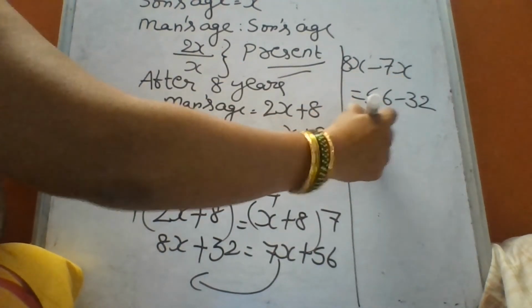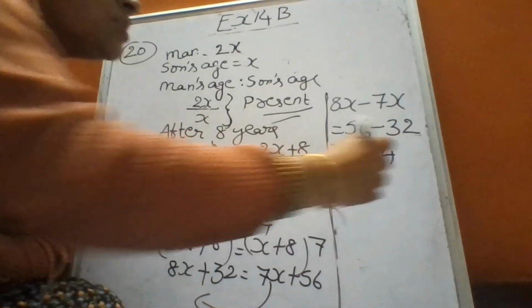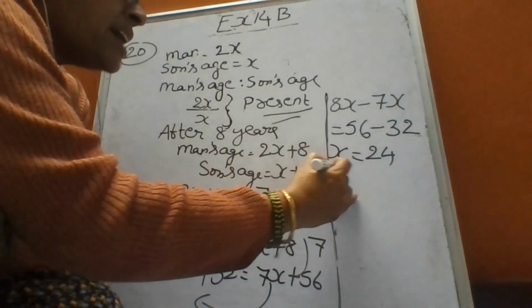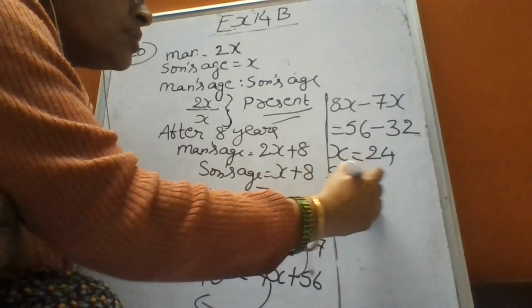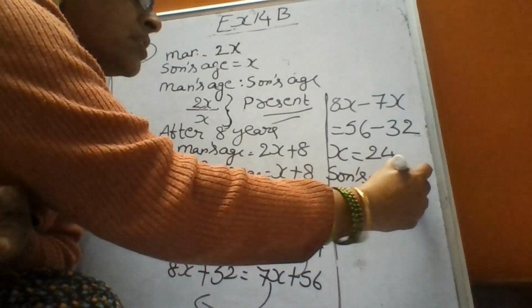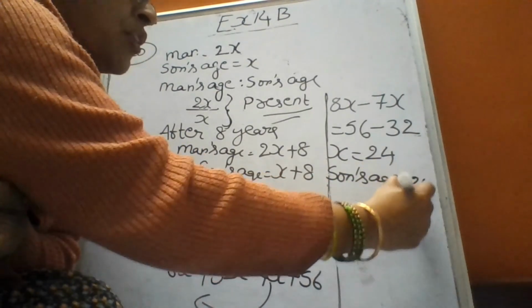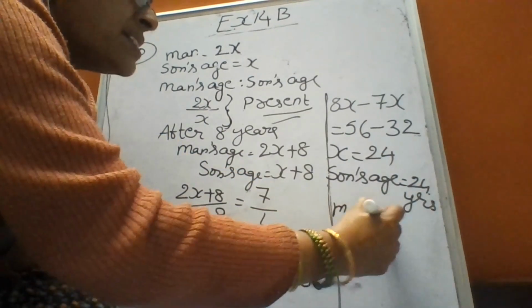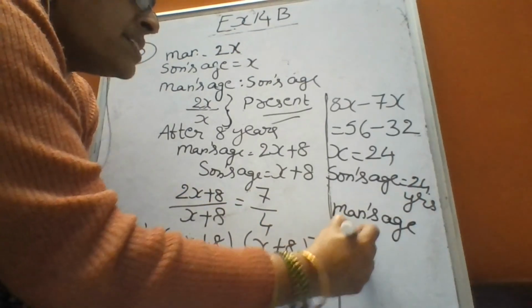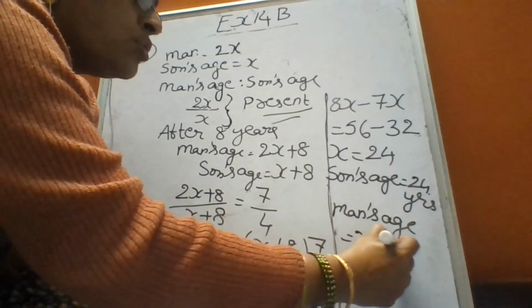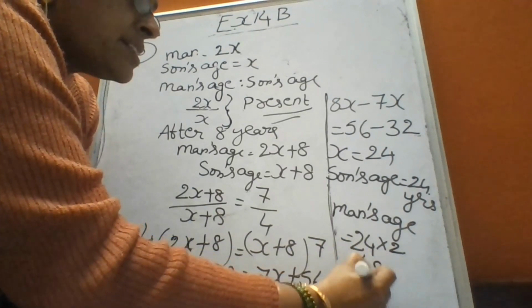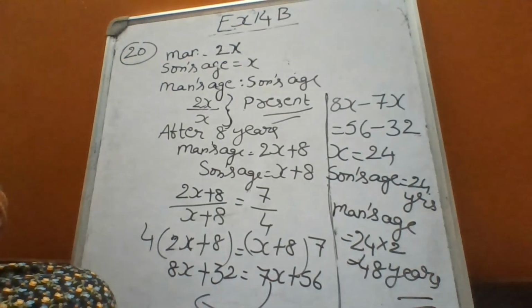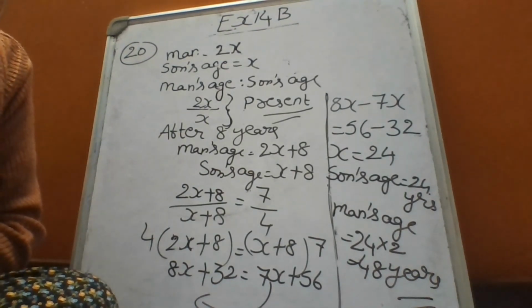So, x will be equal to 24. We have taken son's age as x, so son's age will be 24 years and man's age will be twice son's age, 24 into 2, 48 years. Son's age is 24 years and man's age is 48 years.